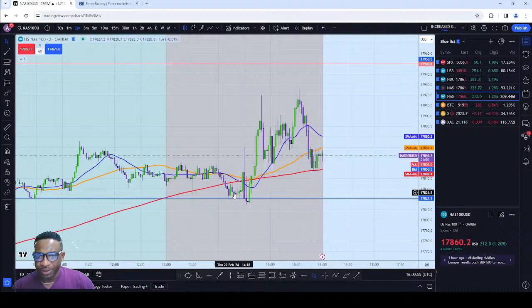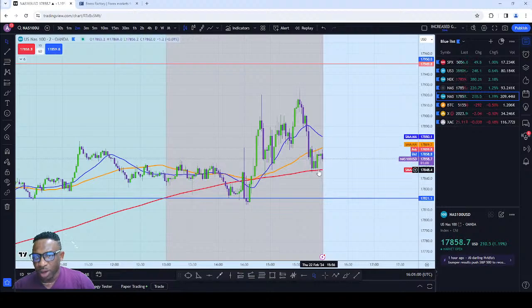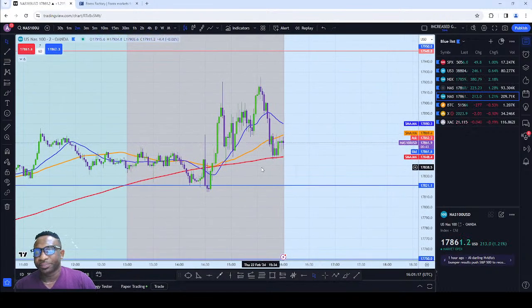So this is NAS 100. It pulled back into the narrow zone, hitting on the 200 moving average. The 200 moving average at the moment is acting as a level of support for price. So as we monitor this, it has pulled down below the 50 moving average as well.